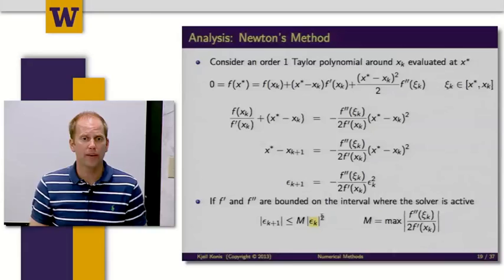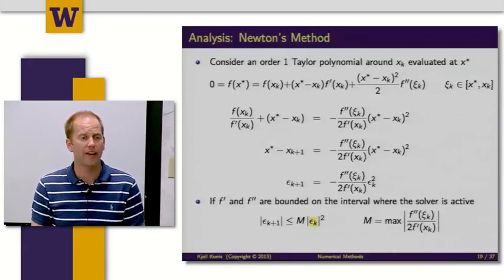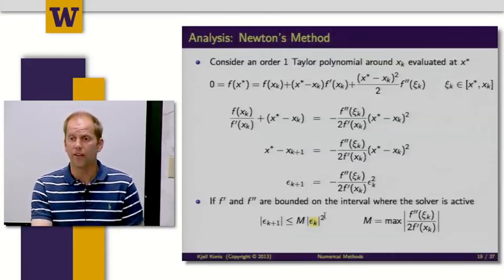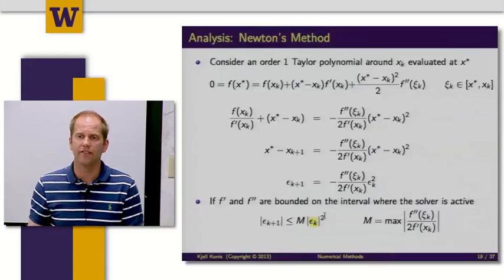So when the size of my error is getting small, if I have 0.01, my next step is going to be 0.01 squared. I've gone from having 2 zeros to having 5 zeros and then a 1. So I'm getting significant digits very, very quickly after a certain point.